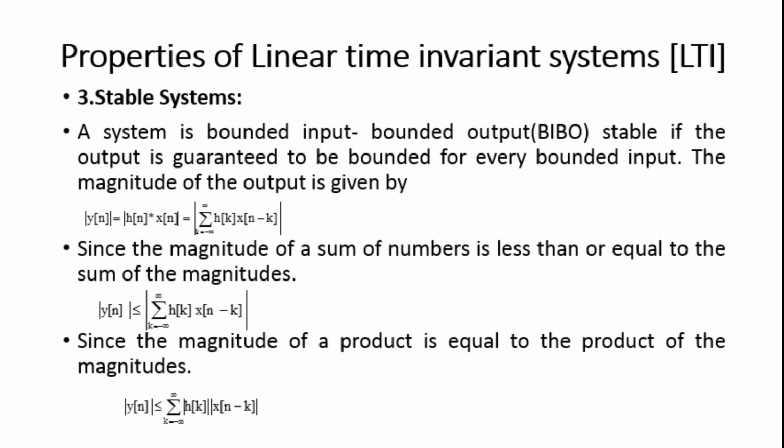Since the magnitude of a product is equal to the product of the magnitudes, |y[n]| is less than or equal to the summation k equals minus infinity to infinity |h[k]| times |x[n minus k]|.